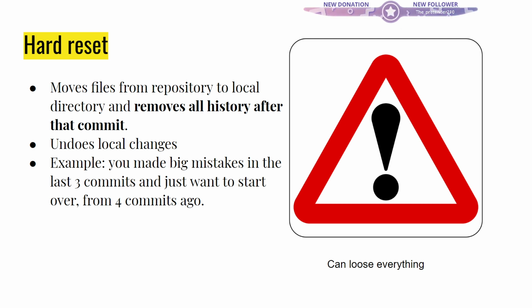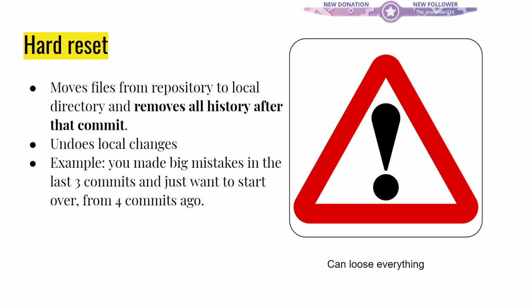So what happens? Hard reset moves all the files from the selected commit into the repository. And if you had extra files on your local end, or if there were extra files in the repository, they will all be gone.